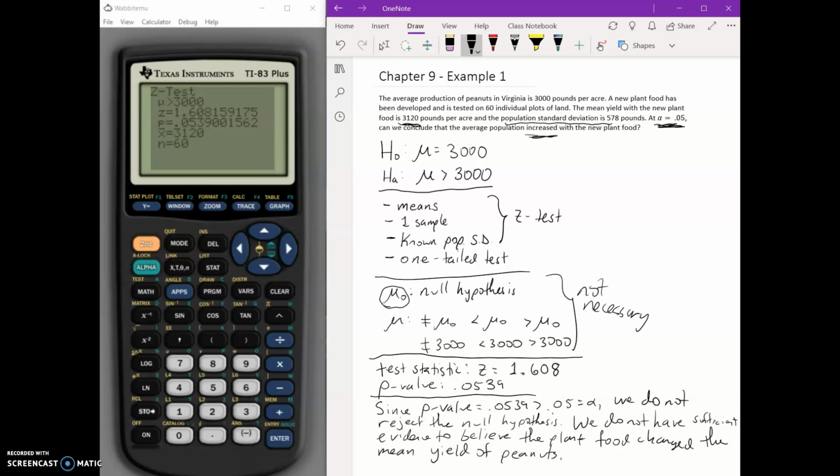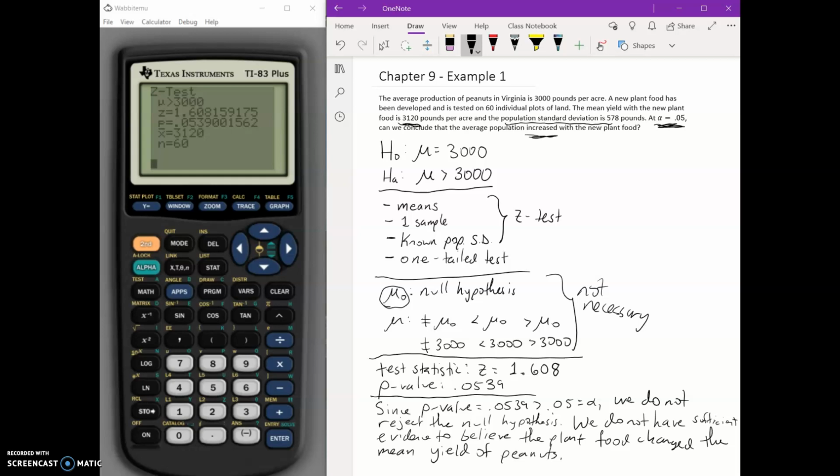This hypothesis test, our conclusion, we do not reject the null hypothesis, but really the important part after that is that we don't have sufficient evidence to believe that the plant food changed the mean yield of peanuts. Obviously, 3,120 is larger than 3,000, but we don't have enough evidence to really say that's not due to random chance. It's really close, obviously.